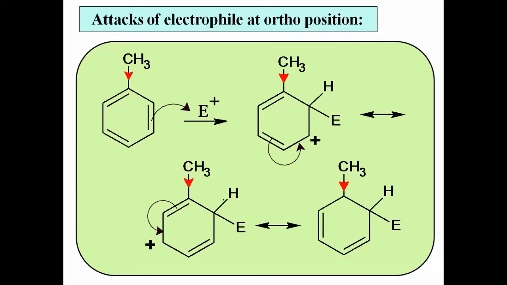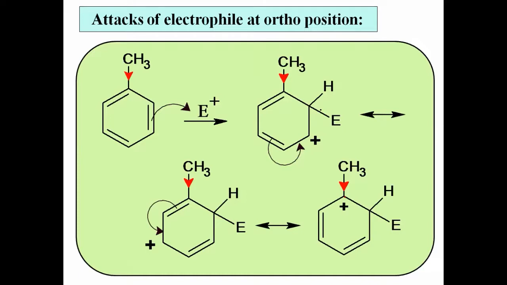Now this carbon acquires a positive charge. Thus, similar to phenol, when the electrophile attacks toluene at the ortho position, we get the Arenium ion, which is resonance stabilized. It undergoes delocalization and we get a number of canonical structures.